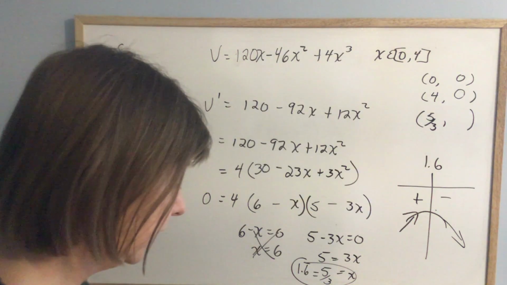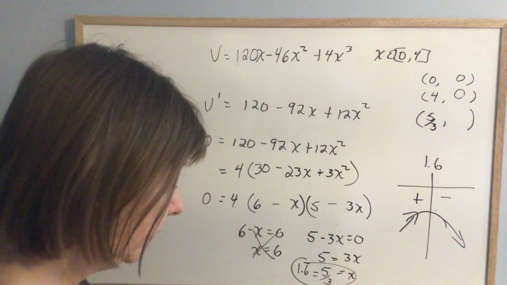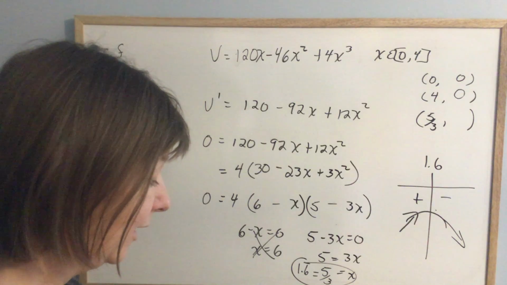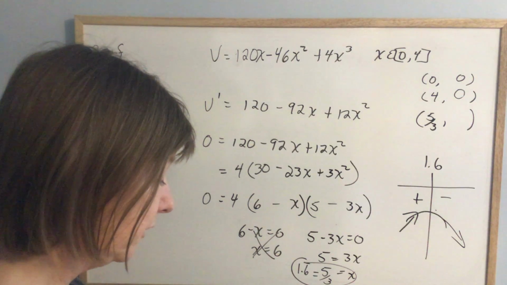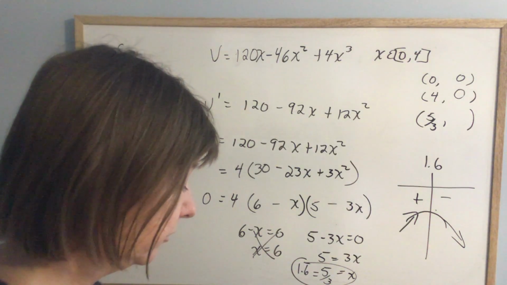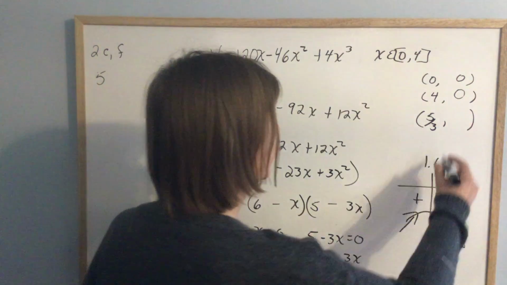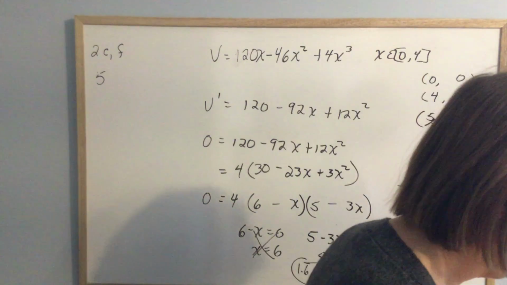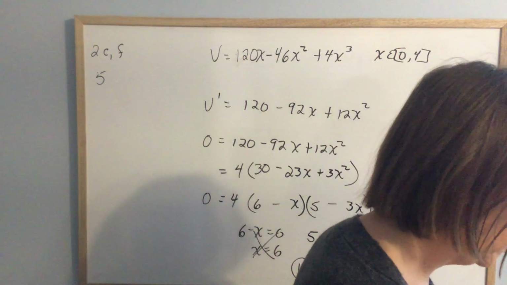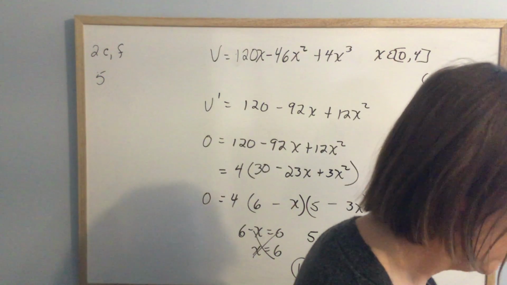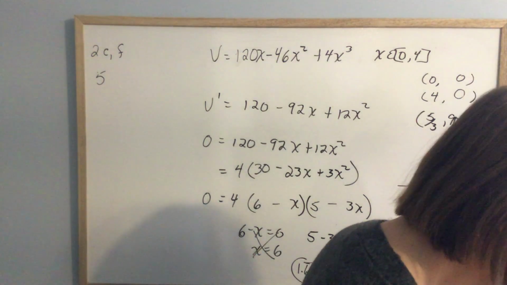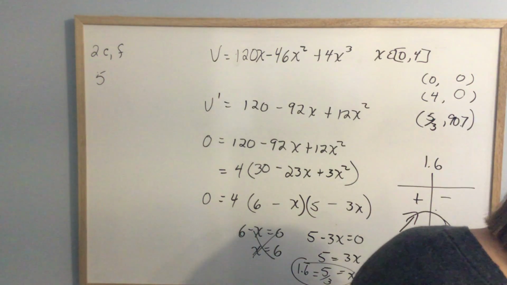Whew, I get a yucky number. I get 90 and 20 over 27, which is like 90.7. So I get that the maximum volume would be 90.7. Now, because that's a weird answer, I'm just going to double check. 6.2, number 5.